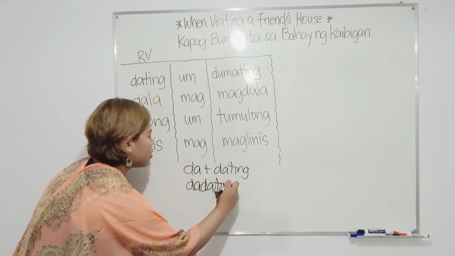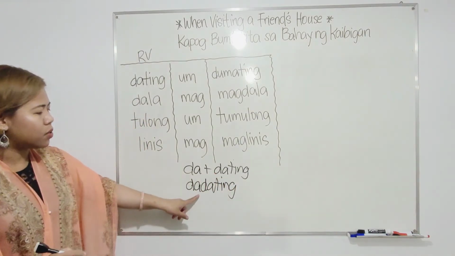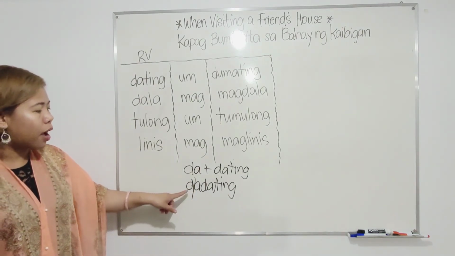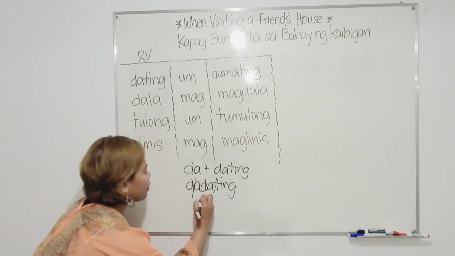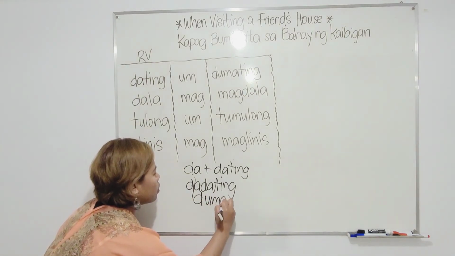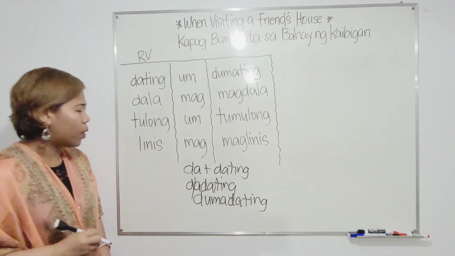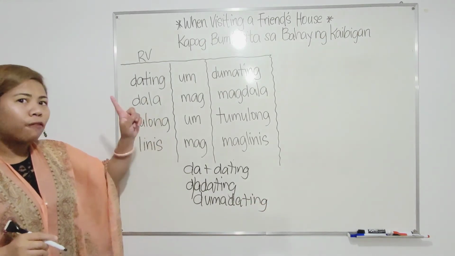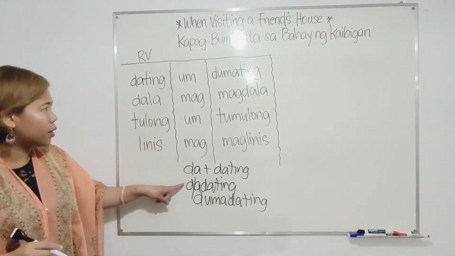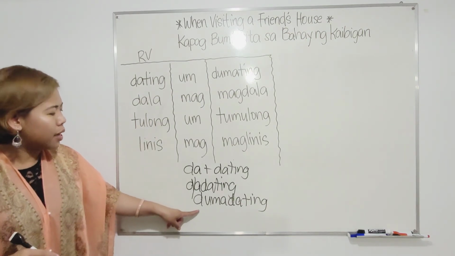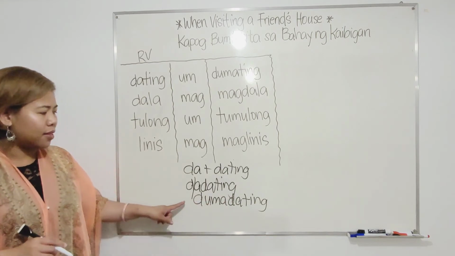How about the present? In the present tense, from dadating, which is the future tense, we insert the um here. So it will become dumadating, like this. Dumadating. So what did we do? We copied the future form of the verb dating, dadating, and then we inserted the um, it became dumadating. Then this is the present.